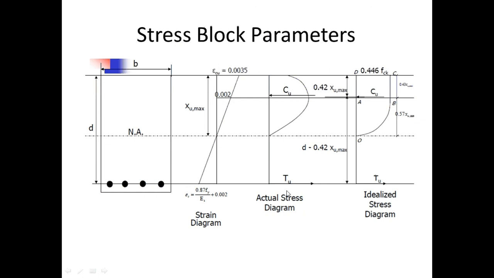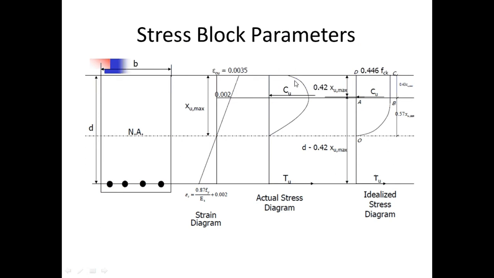So the actual stress diagram is like this. The maximum compressive force is going to act at this point, and the maximum tensile stress is going to act only at the rebar, which we call Tu, that is the ultimate tensile force.